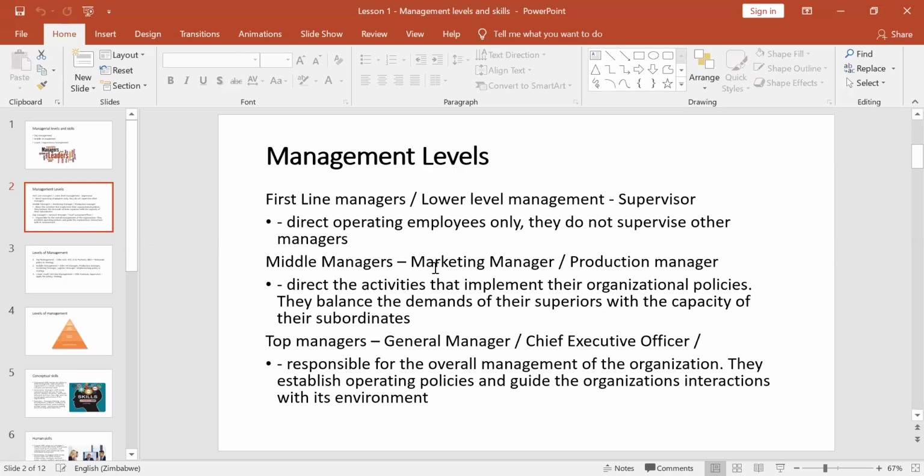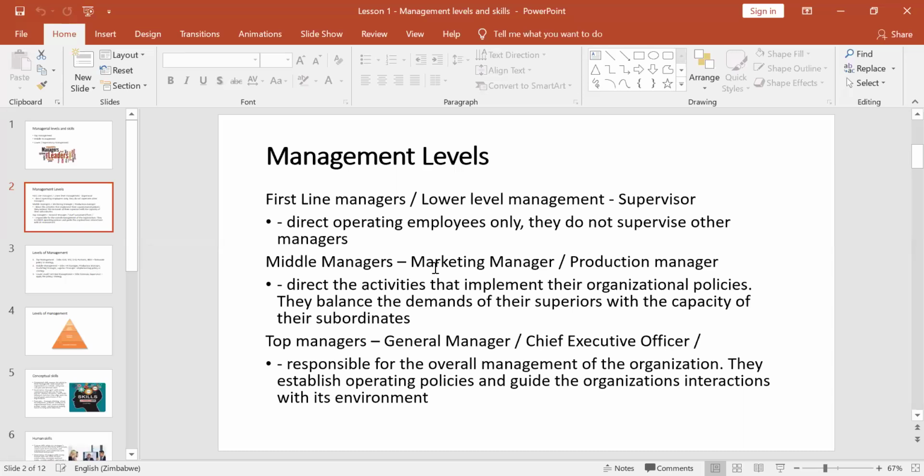They are not in charge of anyone who is in a leadership position. So in other words, what we are saying on the lower level management is that this is the lowest level of authority within the organization. That's the person that we call the lower level manager. Then we also have the middle managers.